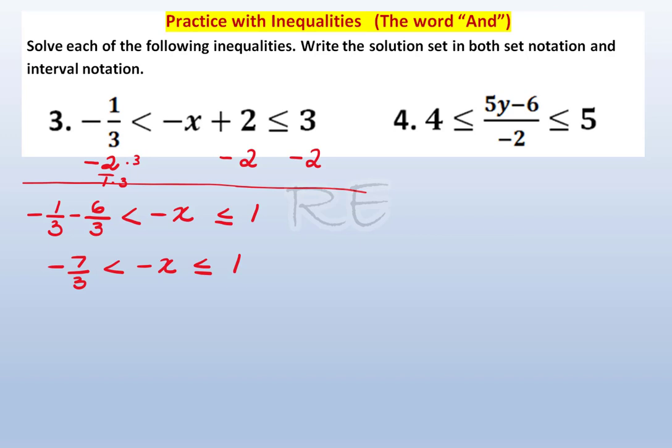We're going to multiply all three sides by -1. And when we do, we'll have to reverse the inequality sign. -1 times -7/3 greater than -1 times -x greater than or equal to -1 times 1.